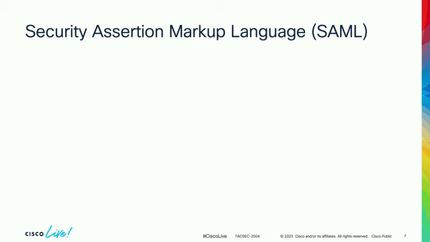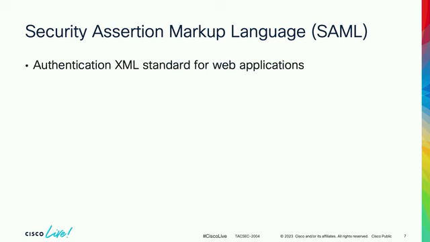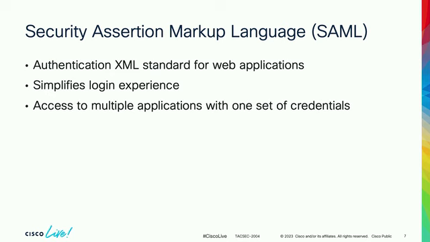SAML stands for Security Assertion Markup Language. So SAML is an authentication XML standard for authenticating web applications. And it simplifies the login experience and allows single sign-on, to access multiple applications with one set of credentials.